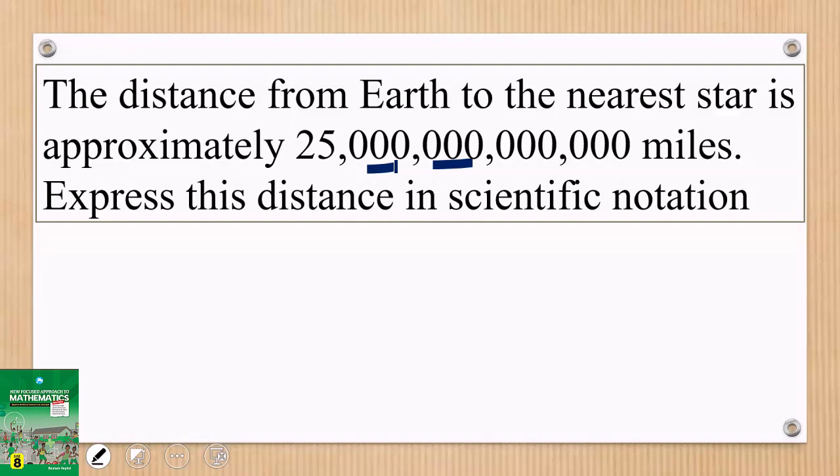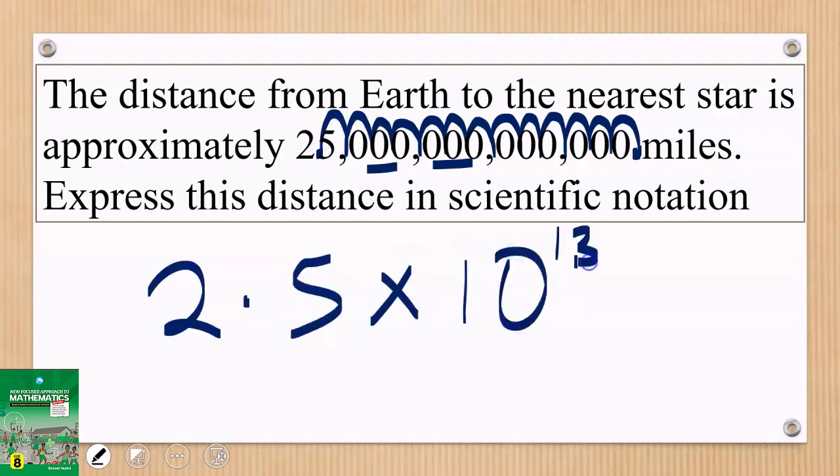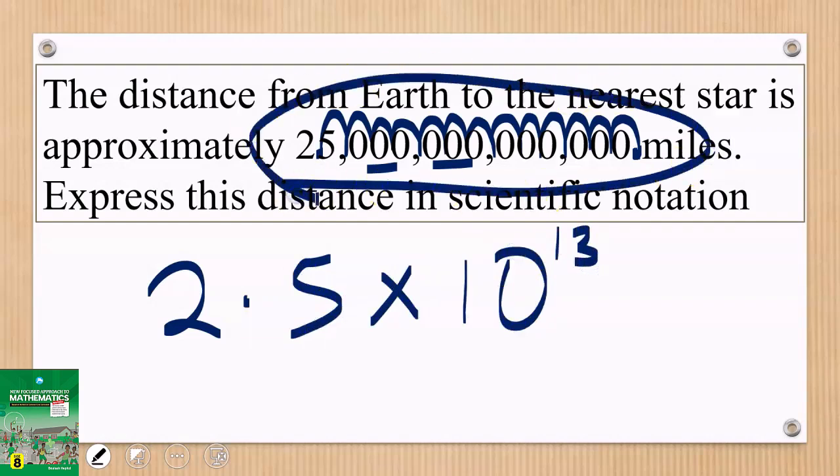It's a whole number, so we start from the decimal point here and move backwards 1, 2, 3, 4, 5, 6, 7, 8, 9, 10, 11, 12, 13. So 2.5 times 10 to the power 13. That is how this huge number can be written in the simplest form: 2.5 times 10 to the power 13.